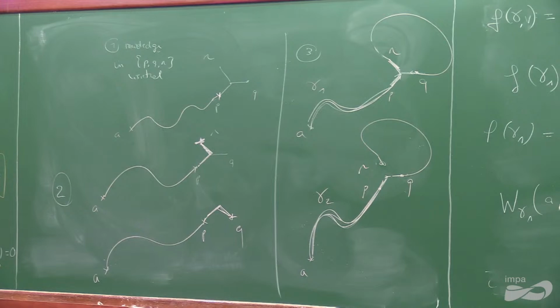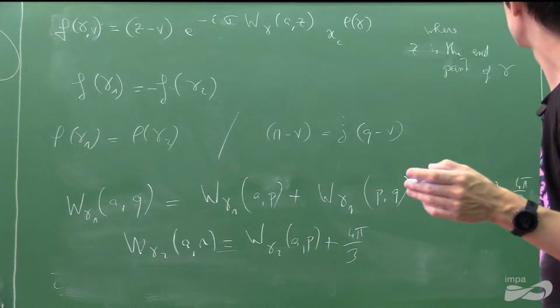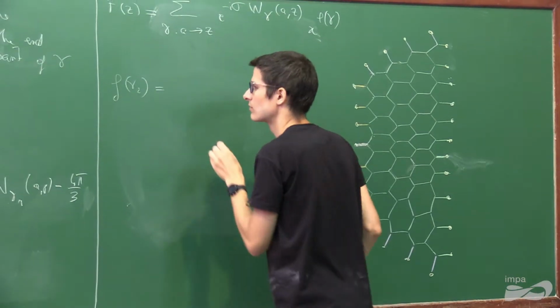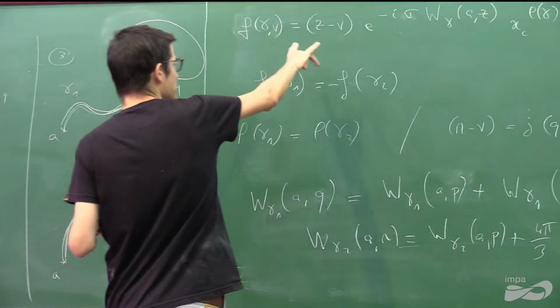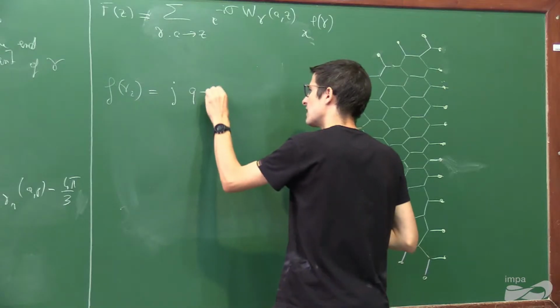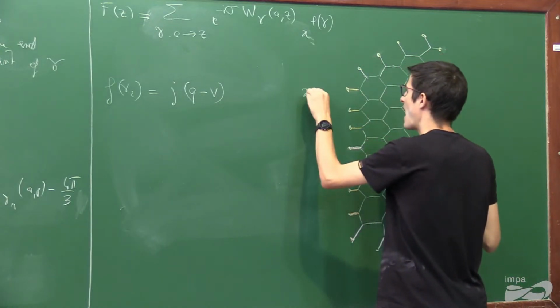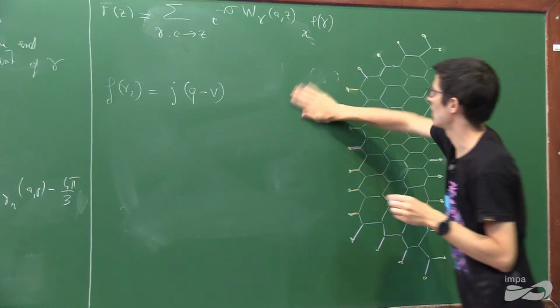Now what do we get? We get that f of gamma 2 is equal to, we start with R minus v, so R minus v is j times Q minus v. Then you get x_c to the L of gamma 2, but this is the same as x_c to the L of gamma 1.